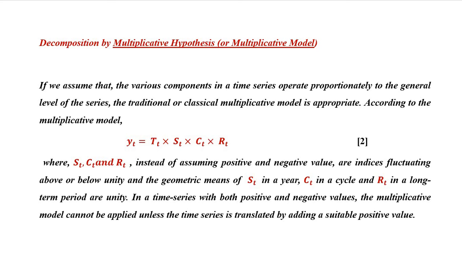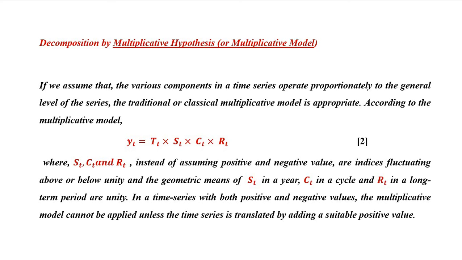According to the multiplicative model, yt = Tt × St × Ct × Rt, where St, Ct, and Rt, instead of assuming positive and negative values, are indices fluctuating above or below unity, and the geometric means of St in a year, Ct in a cycle, and Rt in a long-term period are unity.